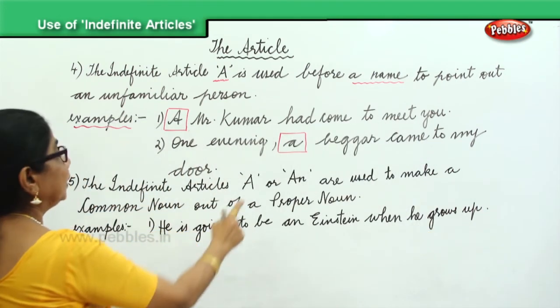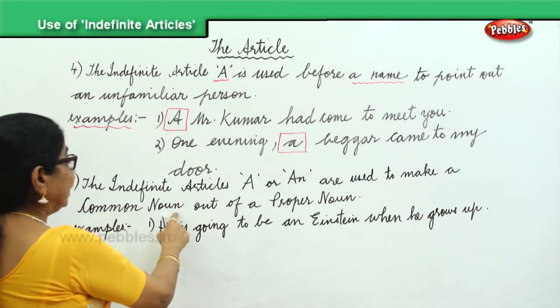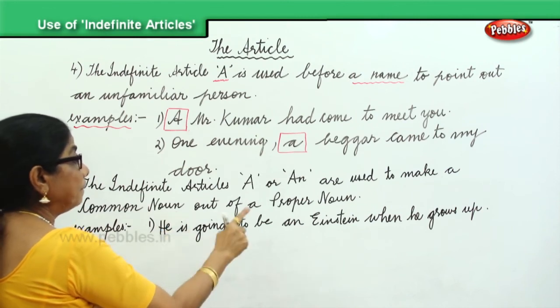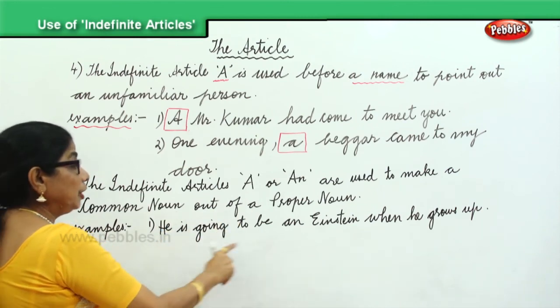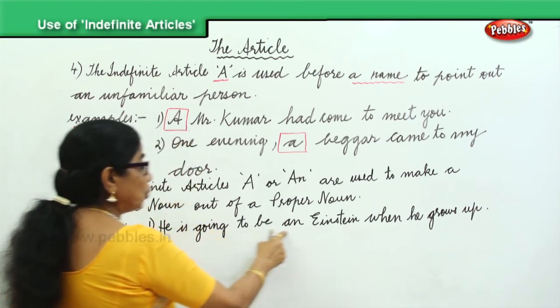What's he going to be? To make a common noun out of a proper noun. Here, he is going to be an Einstein.